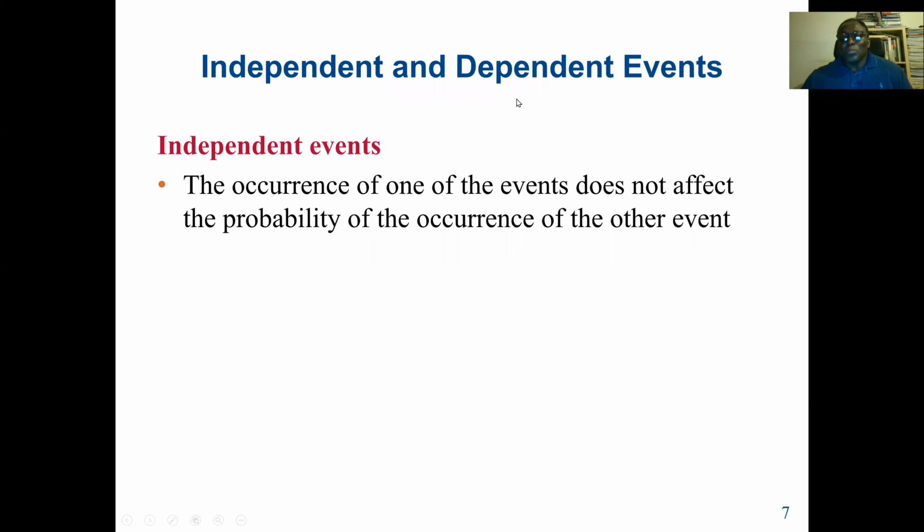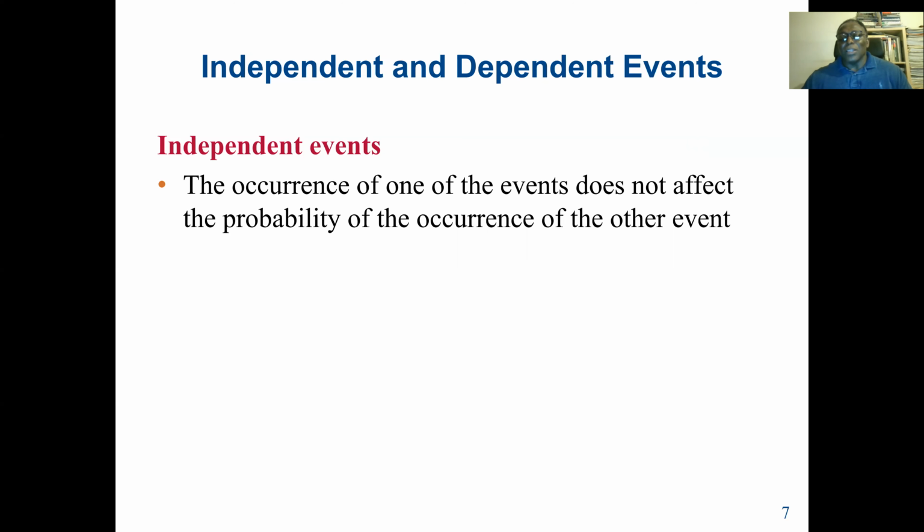Dependent event means based on the previous event, we can determine the present event. So let's go through the definition here. Independent events: the occurrence of one of the events does not affect the probability of the occurrence of other events. So the present event does not determine a future event or what was a past event.